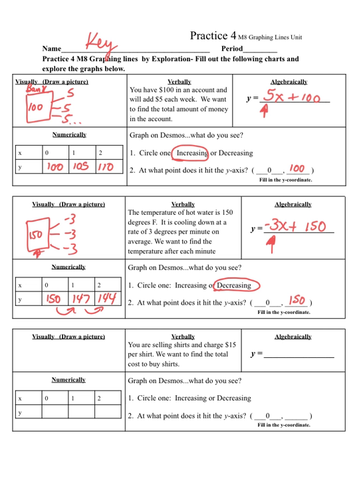Problem number 3, you are selling t-shirts and charge $15 per shirt. We want to find the total cost per shirt. So if I'm going to draw that, the initial value here is actually 0, so we don't need to draw that. And then every shirt we buy is $15.